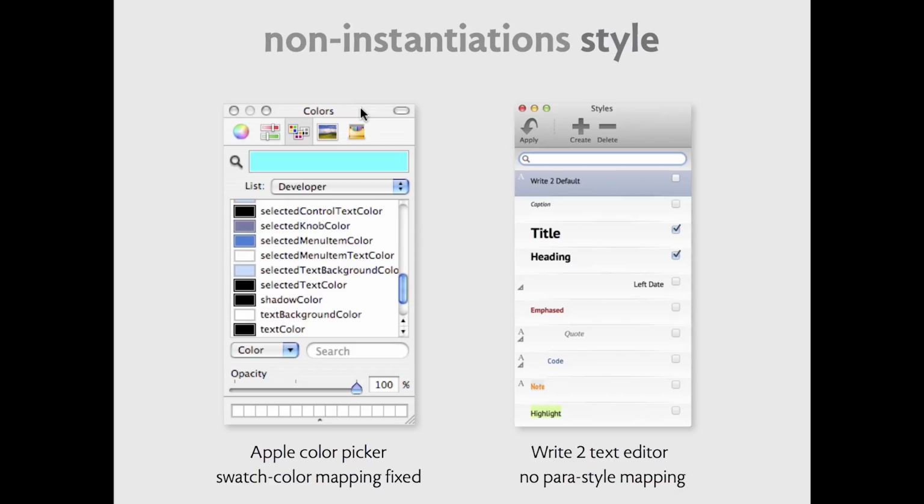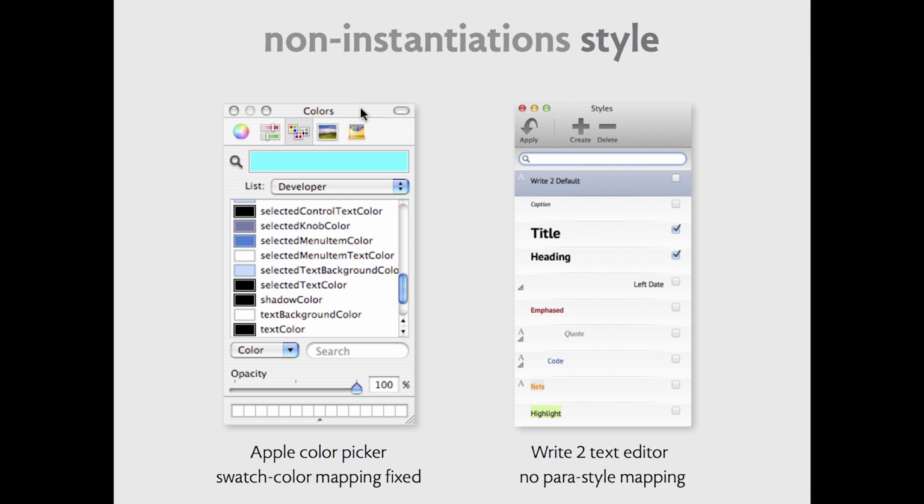Sometimes things look like styles but aren't styles. Apple's color picker, for example, looks very like the swatches in InDesign, but it's not a style mechanism. Here's a screenshot from Write2, which is one of many text editors that pretend to have styles. They give you things that are even sometimes called styles, but they're not styles.